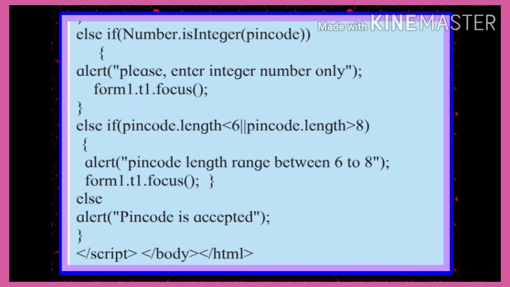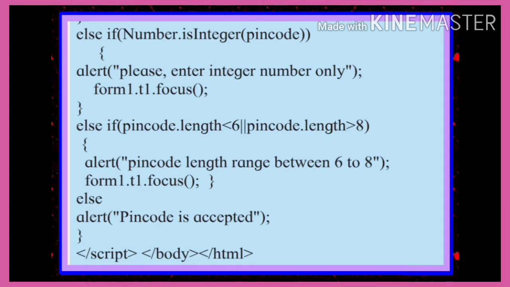Next line, close the curly braces, write else if pincode.length is less than 6, or, here the or logical operator is used, pincode.length is greater than 8.